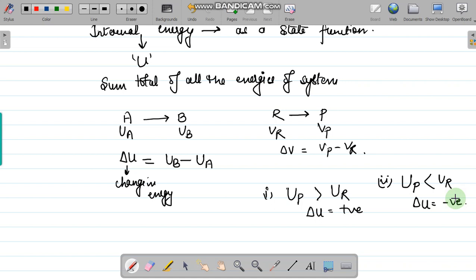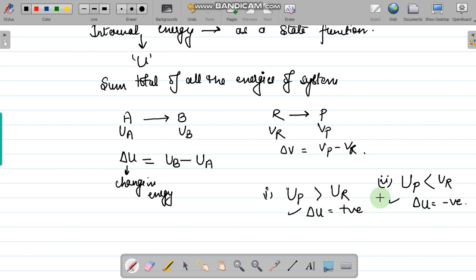Now, what do this negative and positive value mean? I have told you that if the internal energy of the product is less than the internal energy of the reactant, then the delta U is going to be negative. Whereas on the other hand, if the internal energy of the product is more than that of the reactant, then your delta U would be positive.